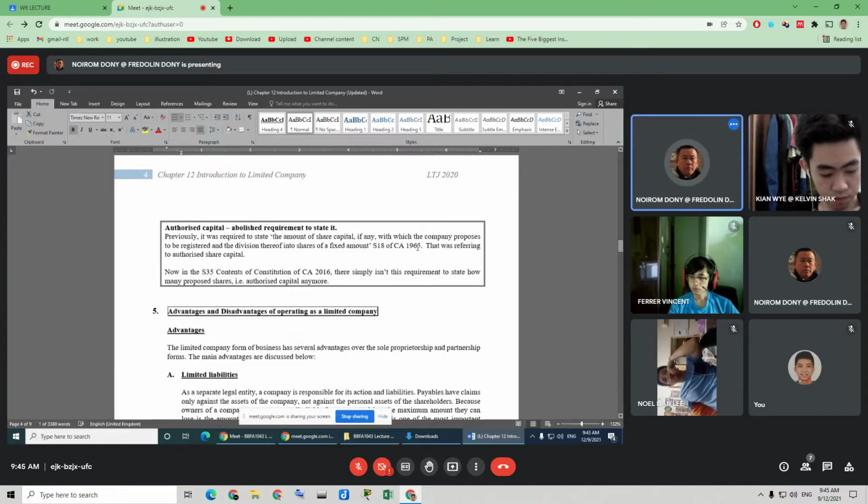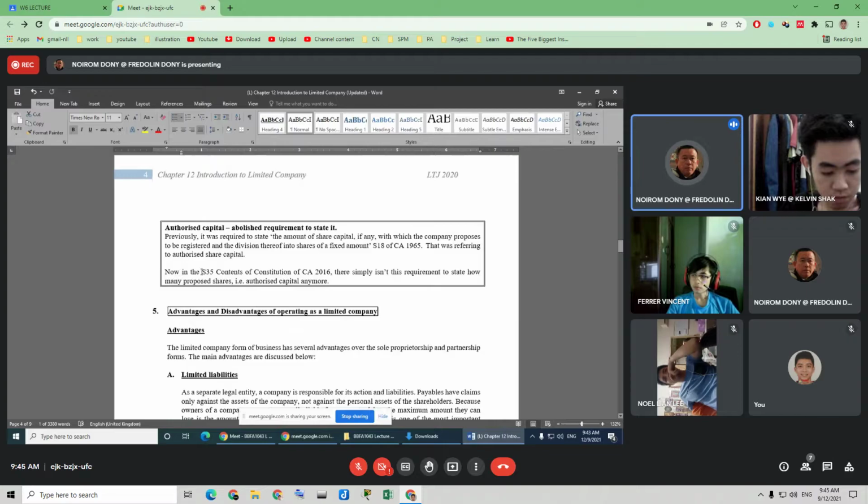Whenever you prepared your statement of financial position, the first item that you needed to state was your authorized share capital. But that is not part of the amounts in the statement of financial position, it is for information only. This was referring to authorized share capital.